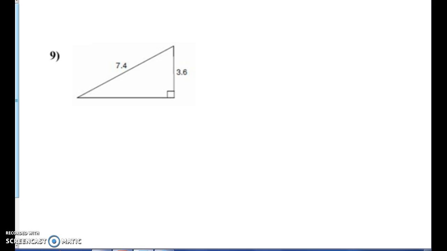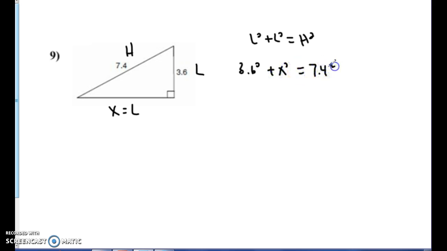In this case, it looks like I have a hypotenuse, and I have a leg, and the missing side I have is a leg as well. Leg squared plus leg squared equals hypotenuse squared. So I have 3.6 squared plus x squared equals 7.4 squared. 3.6 squared is 12.96 plus x squared equals 7.4 squared, which is 54.76.